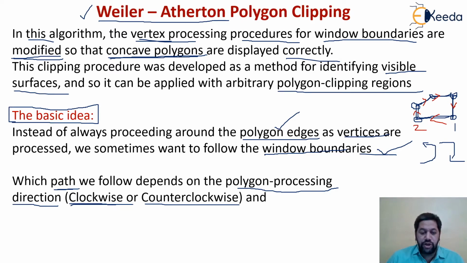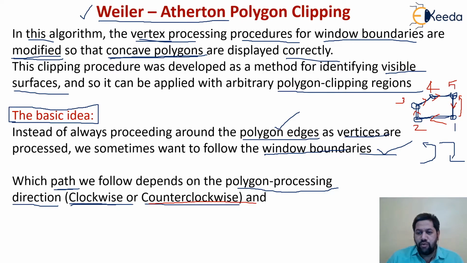But if I'm using the counterclockwise direction, then what will happen? After one, I will go in this direction. This was my anti-clockwise direction. Suppose this is 2, this is 3, this is 4, and this is 5.